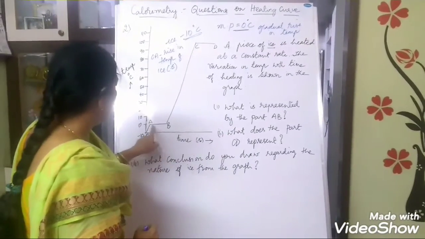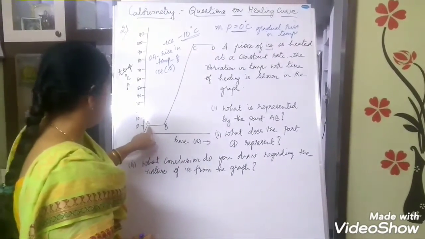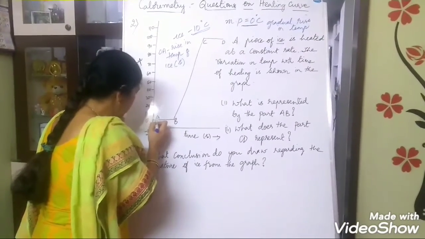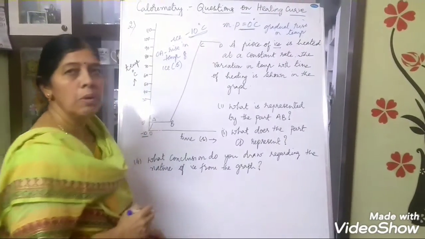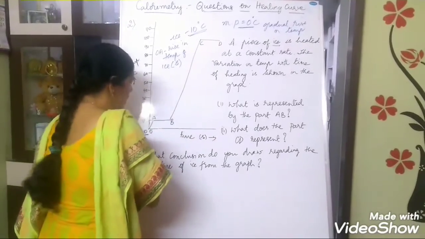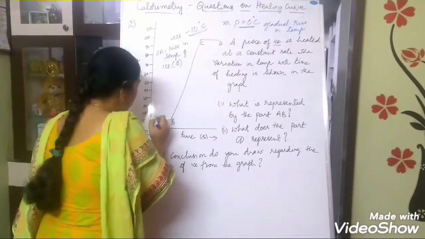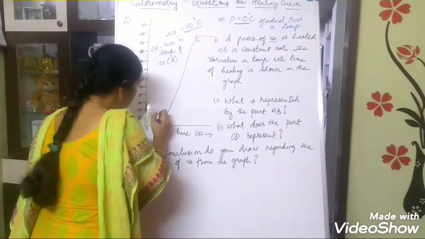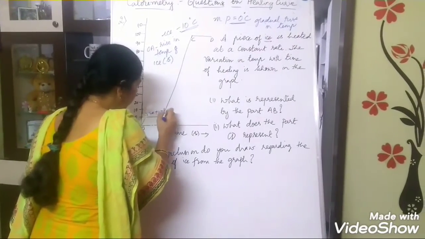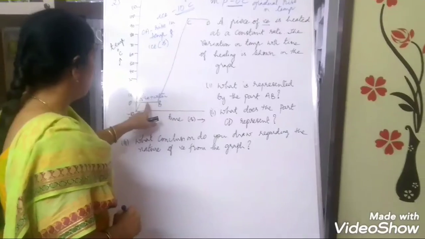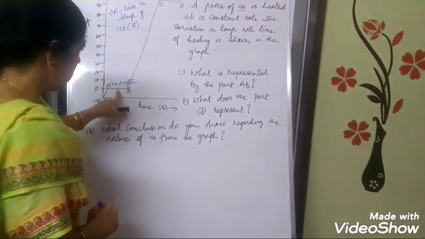Now, at A, what happens? The temperature is 0 degrees Celsius. So, as I have told you, the ice melts at 0 degrees Celsius. Here in this part of the graph, that is AB, ice starts melting. Ice will be converted into water. So, what does this part of the graph represent?